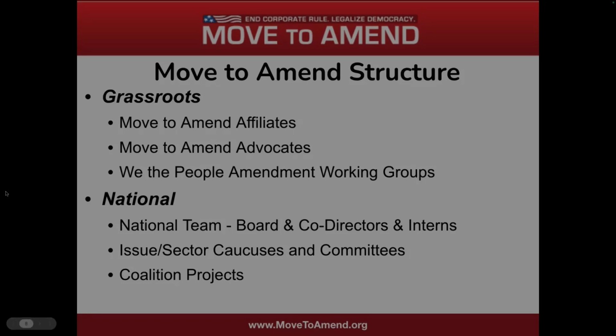So Move to Amend has a grassroots structure with affiliates and advocates all over the country. And also, we have national components, including the national team, which Cole and I are part of, and we run the administrative and day-to-day operations of the organization.